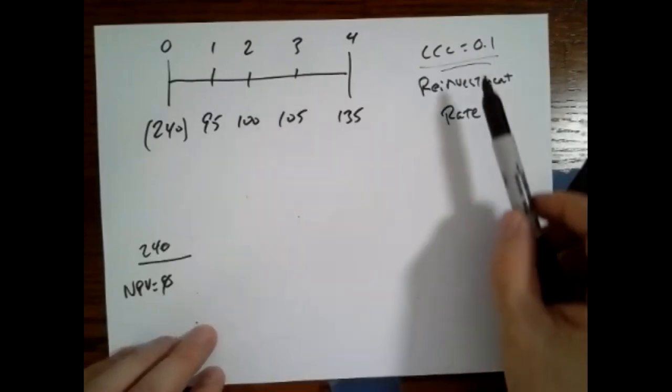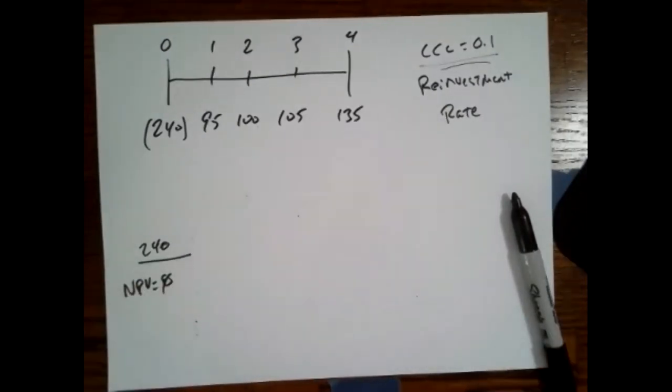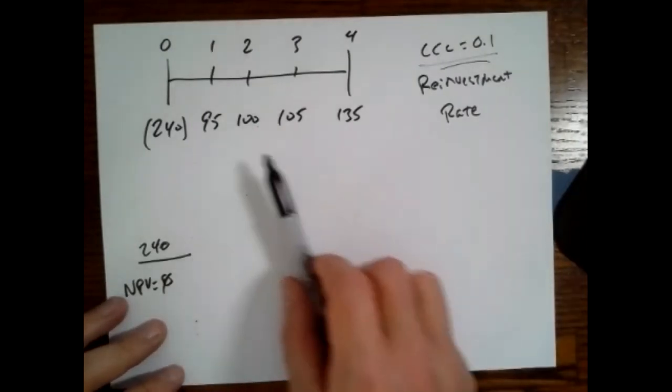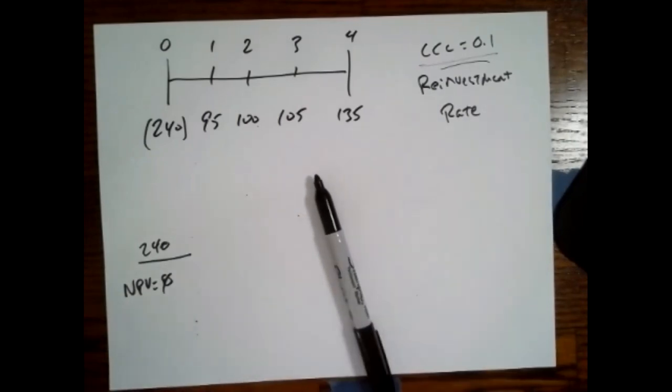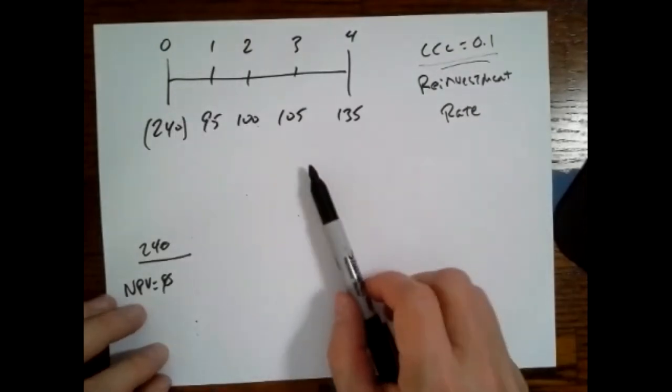Now, I'm saying corporate cost of capital. The MIRR does not require that you use the corporate cost of capital as the reinvestment rate. It just requires that you decide on a reinvestment rate that would more accurately represent, if this project spun out $95,000, what would you do with it? Well, you're probably not going to be able to do an identical project.